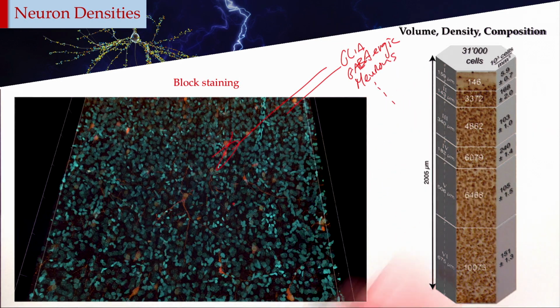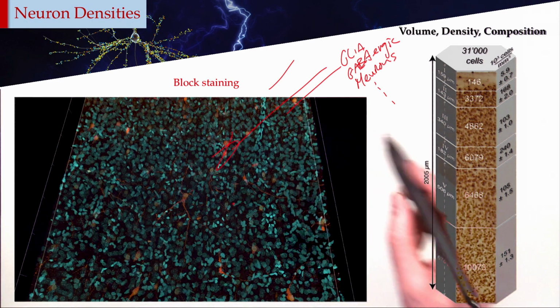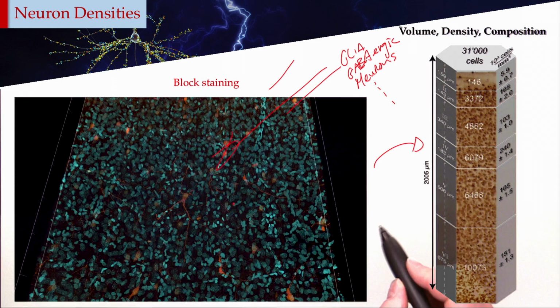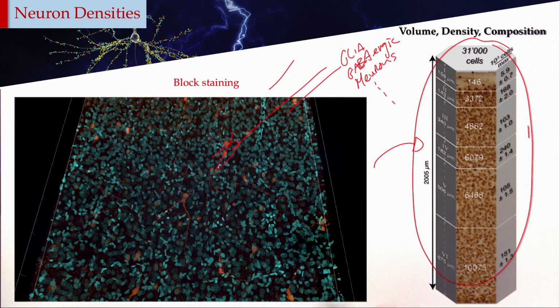And you can do many other stains. And using these different stains, you can then start identifying how many neurons there are in each of the layers of the neocortex. And these are some numbers, and this is in the Cell paper that you should be following during this course.